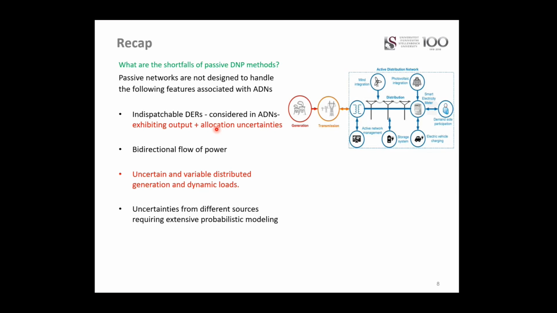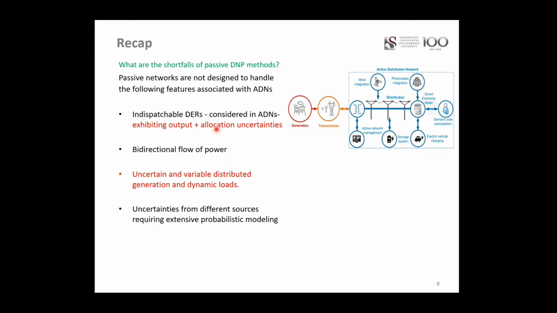One, active distribution networks should consider indispatchable DERs, which have two things, both output and allocation uncertainties. I've explained allocation uncertainties in terms of the capacity and the placement, in terms of node and phase placement as well, and the output, which has got to do with the variabilities and the intermittencies that are associated with each of the DERs.